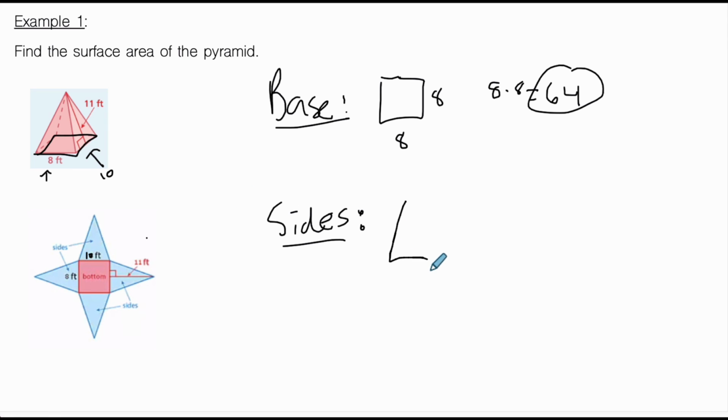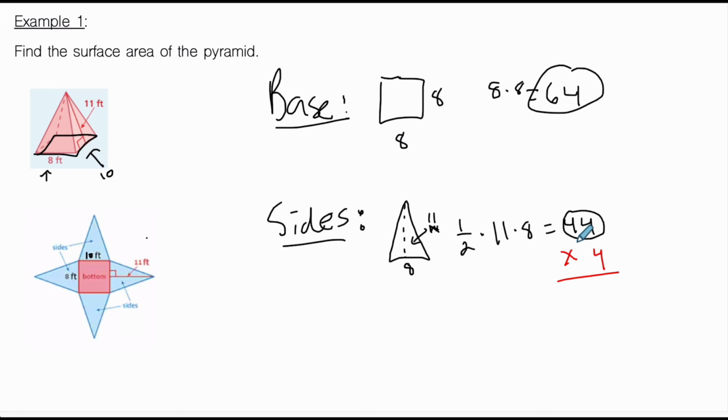Anyways, let's wrap this up. All 4 triangles have a base of 8 and a height of 11. So how do you find the area of a triangle? Same thing we always do. Half times base times height, which is 44. You could also then quadruple that, because we have 4 triangular sides that are all exactly the same, so all of them are 44.